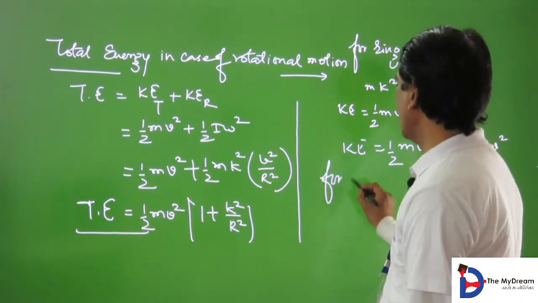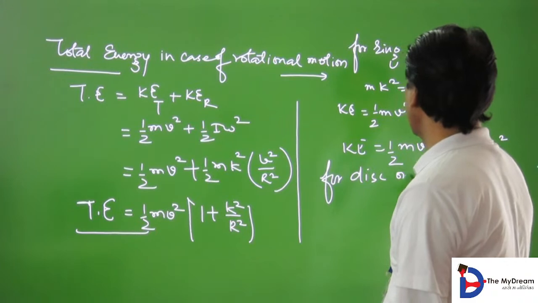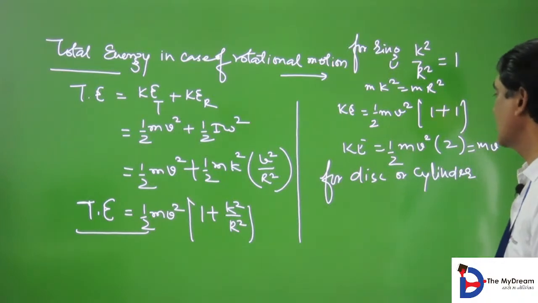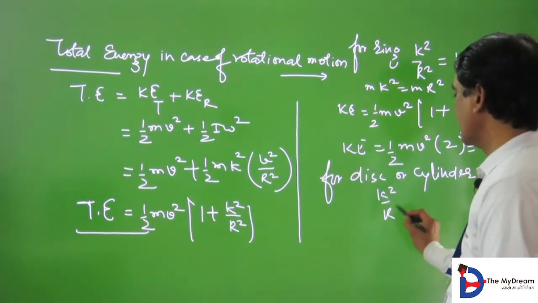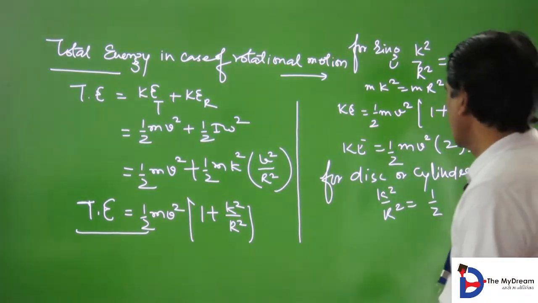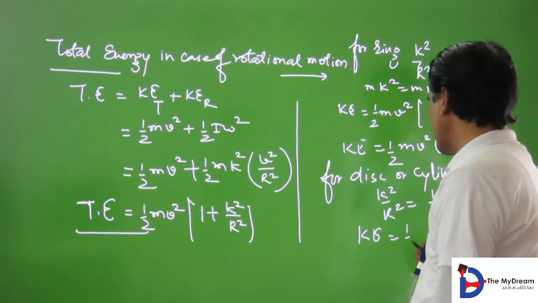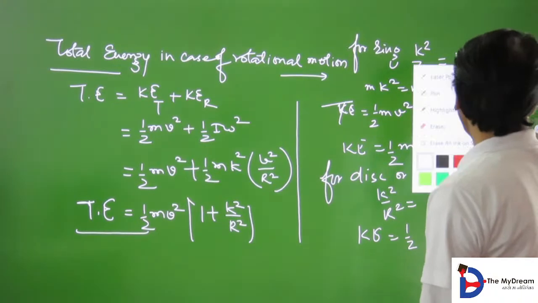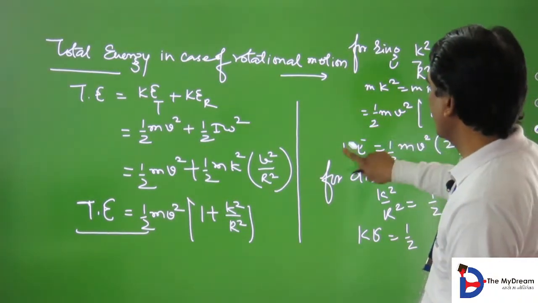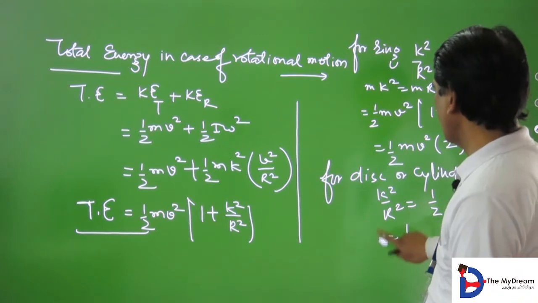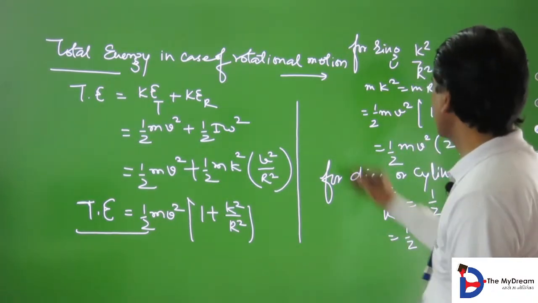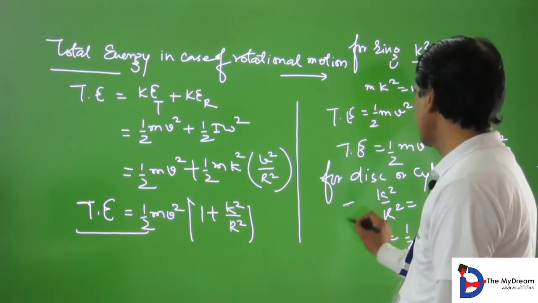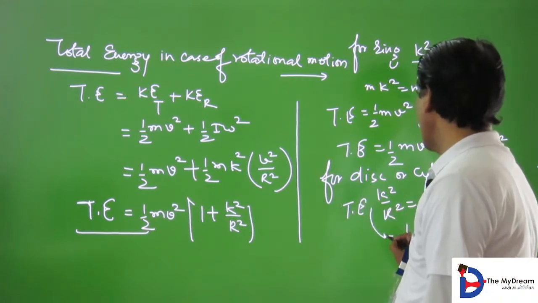For disc or cylinder, the value of k squared by r squared is equal to 1 by 2. So the total kinetic energy for this, you have to write total kinetic energy, even if you write it differently it makes no difference, you already know.